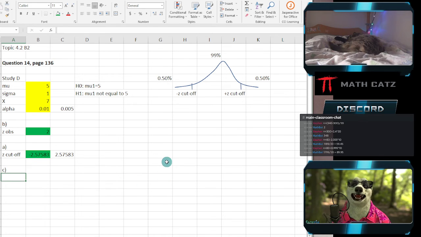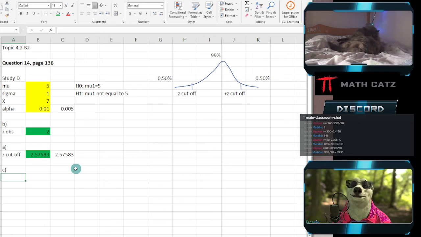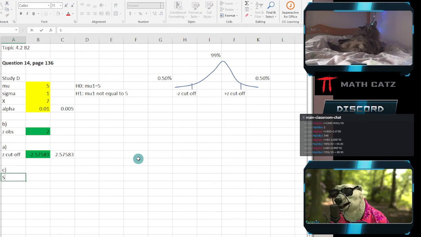Now we see that the cutoff z-scores, because of the two-tailed test, are actually further out than they were previously. So unfortunately, we're not going to reject. Let's say here, since our observed z-score is less than the positive z cutoff.